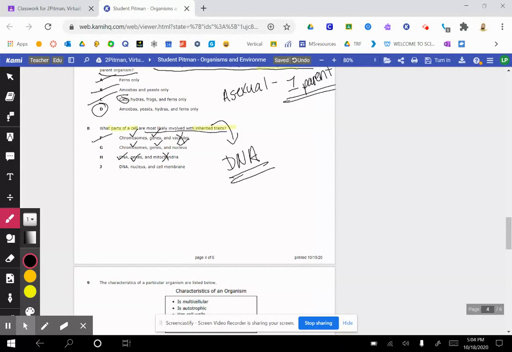So they are not involved with inherited traits. Okay, the next one then: DNA, yes; nucleus, yes; cell membrane, no. Remember, the cell membrane controls what goes in and out of the cell. It does not determine genetic traits. So it should be G, chromosomes, genes, and both of those are found inside of the nucleus.